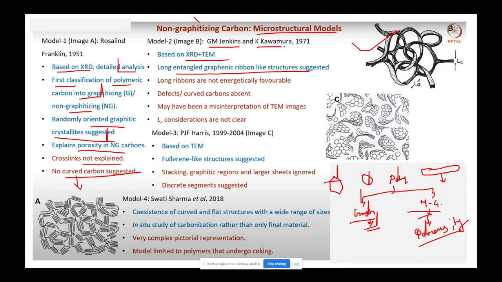But here they suggested a graphenic ribbon-like structure, long and tangled. Long ribbons are not energetically favorable. Defects and curved carbons are absent, it may be a misinterpretation of TEM images, and the considerations are not clear.